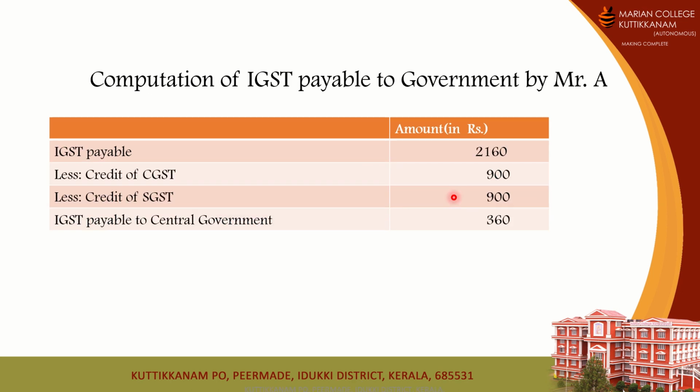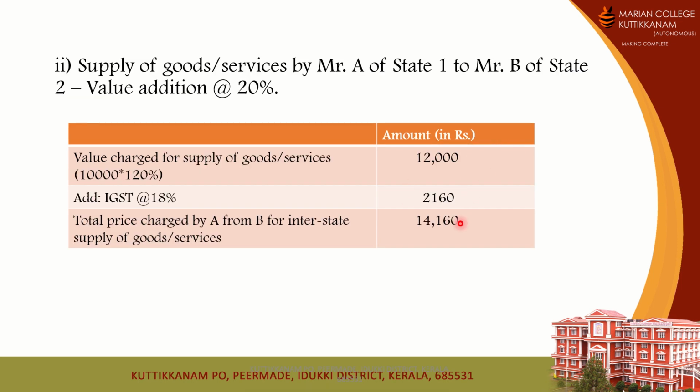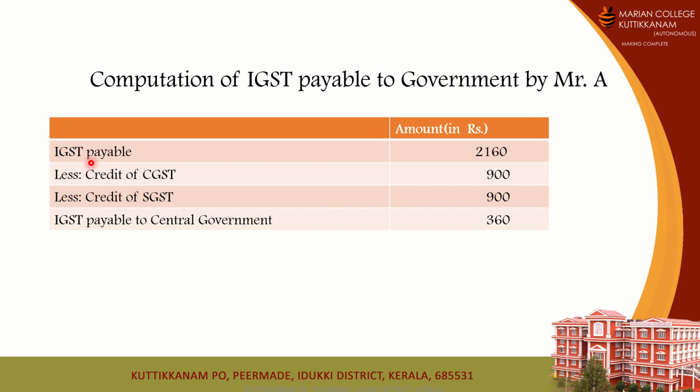This is the computation of IGST that is payable to government by Mr. A. So IGST payable by Mr. A is 2160. See this amount. And so this is the IGST or the tax amount which he received, that is output tax.